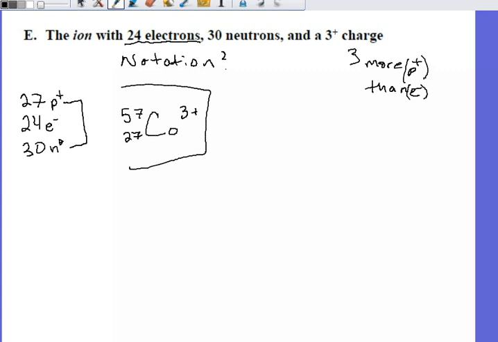So our isotope notation for this particular isotope of cobalt that became an ion, it lost 3 electrons. So this is our cobalt ion. Its mass number is 57 in this particular case.